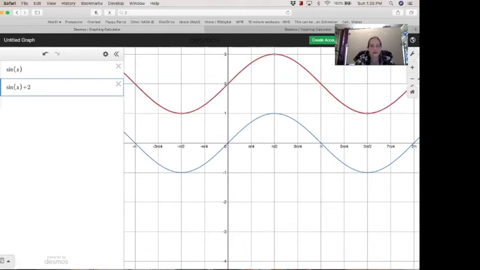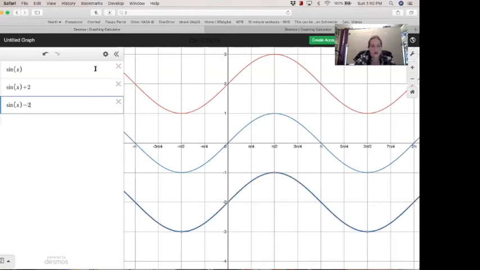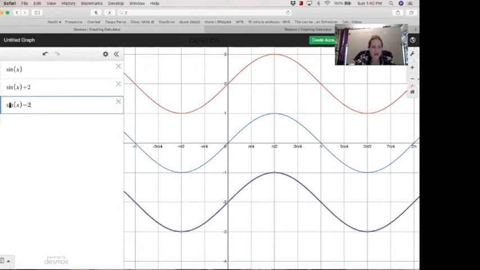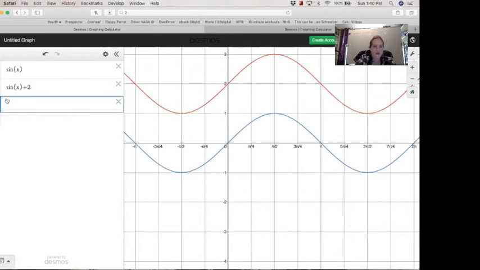Let's see. That takes my function and shifts it 2 units up. What if we do sine of x minus 2? Well, that takes our function and shifts it down 2 units, okay?